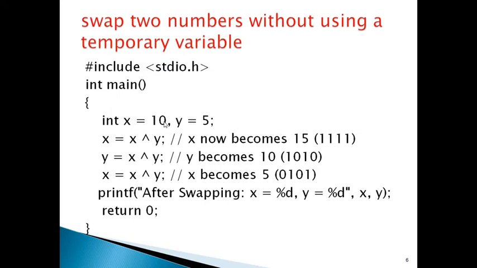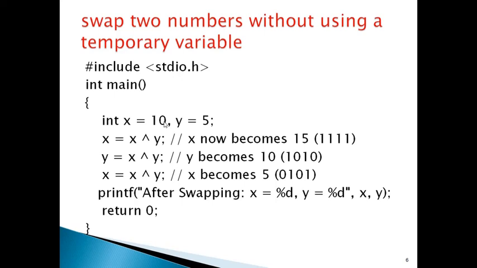Now we will practice programs using the bitwise operators. Here is one program: swap two numbers without using a temporary variable. You all know how to swap two numbers using a temporary variable.